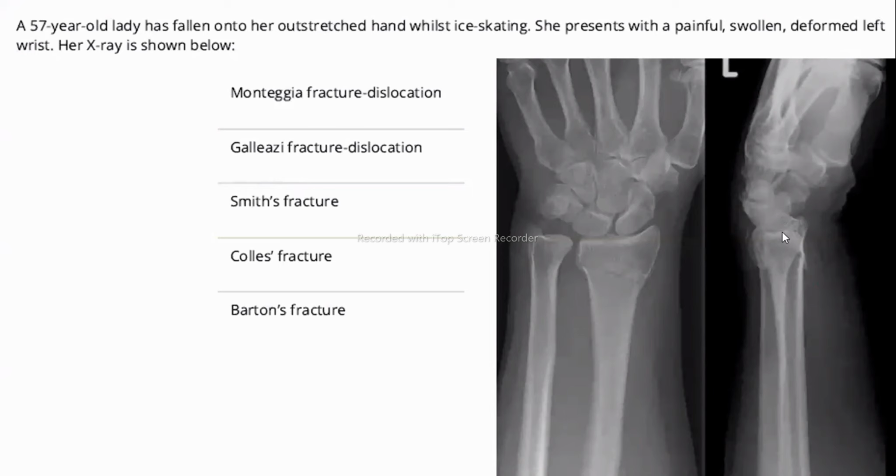So here, is this the dorsum or the palm? Palm. If you draw a line in the midline here, the hand is anterior, so it's a Smith fracture. Or posterior, a Colles fracture.